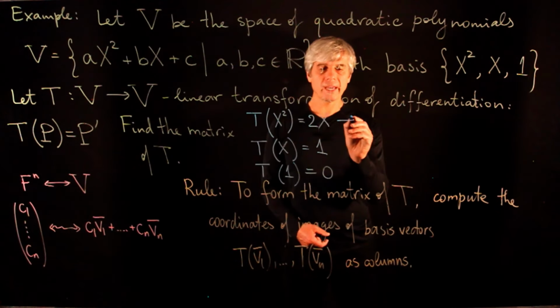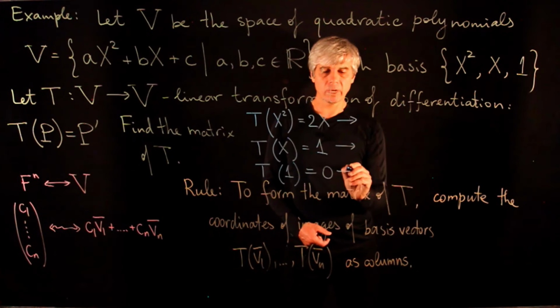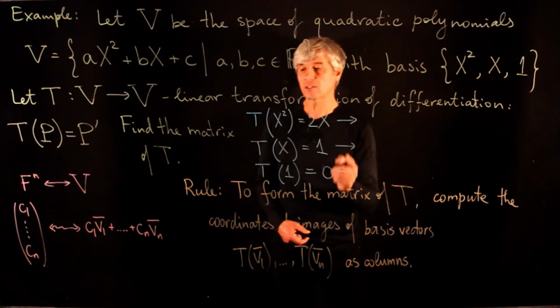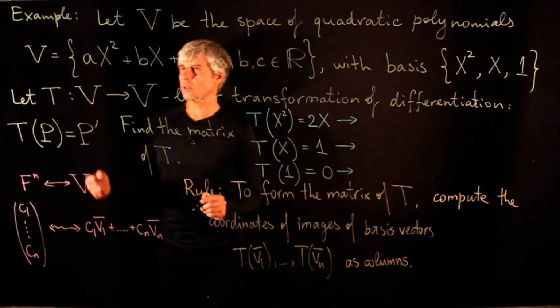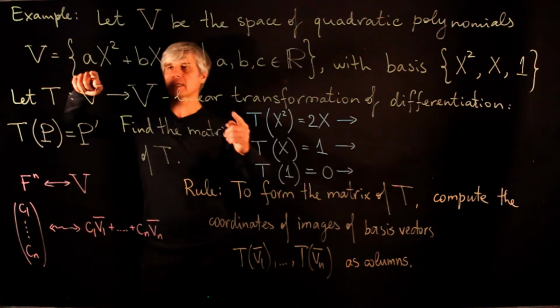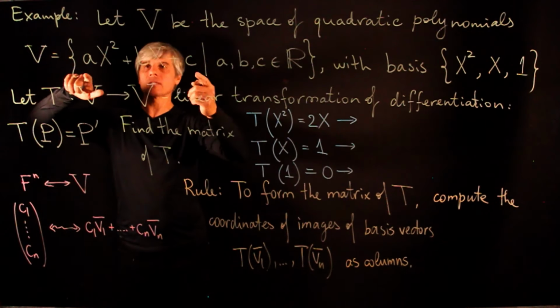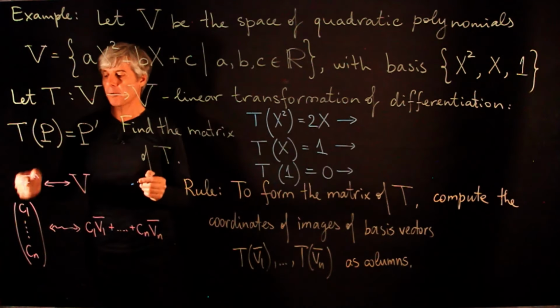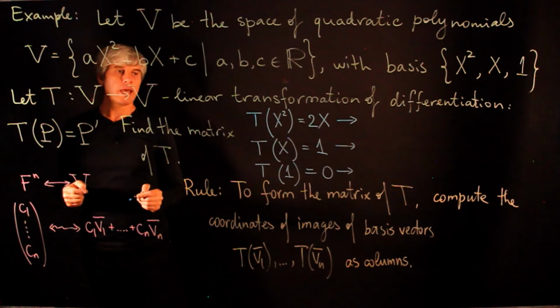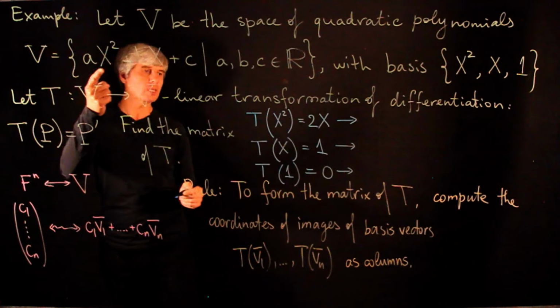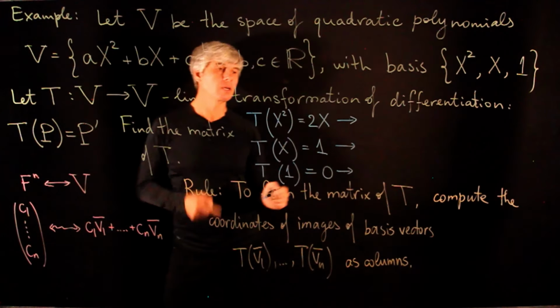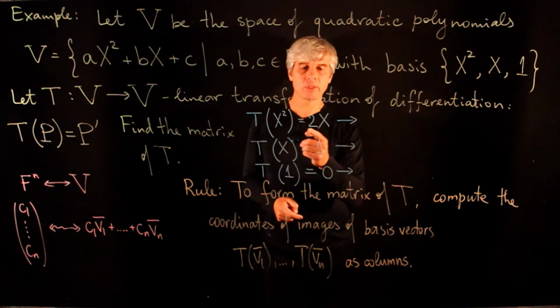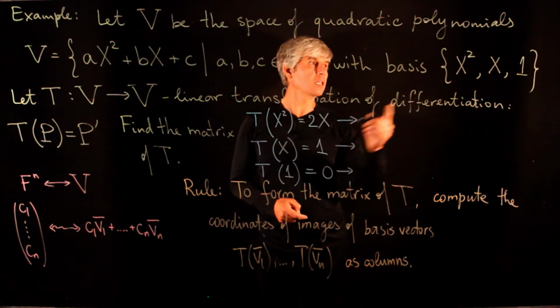Then what we have to do is think of these as vectors. We need to think of this as an isomorphism, that this space is isomorphic to the space R3, right? And so we need to write down coordinates of this vector in this basis.